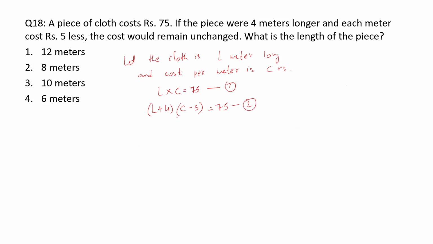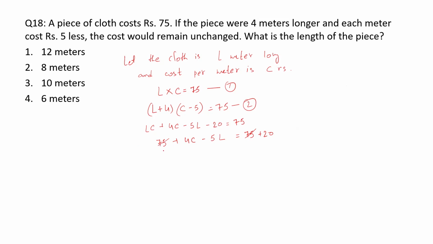So let me solve equation number 2. Do this multiplication: L into C plus 4C minus 5L minus 20 is equal to 75. Right? Am I doing correct? Correct, no? Now you know that L into C is 75, right? 75 plus 4C minus 5L is equal to 75 plus 20.